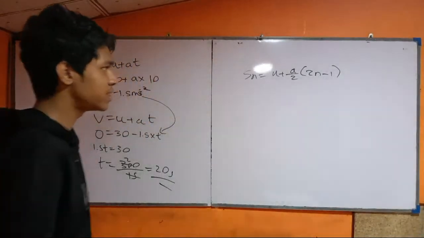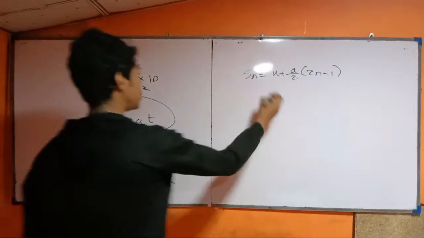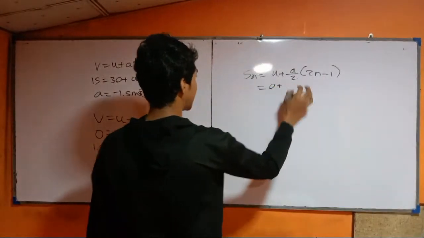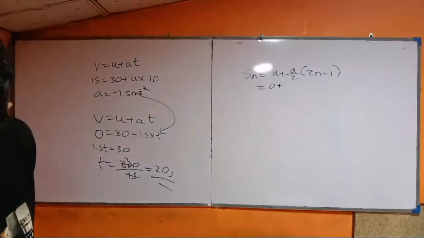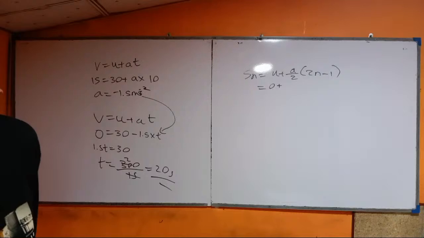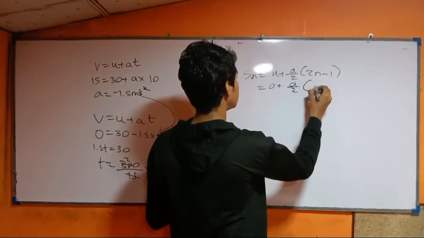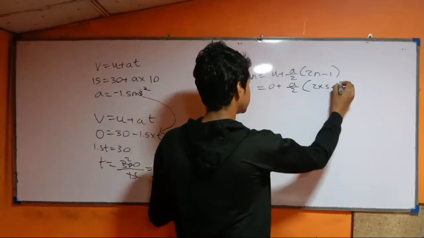So the initial velocity is going to be 0, starting from rest. Plus acceleration, we are going to find it. We are going to find the acceleration a in the 5th second. So a over 2 into 2 times 5 minus 1.